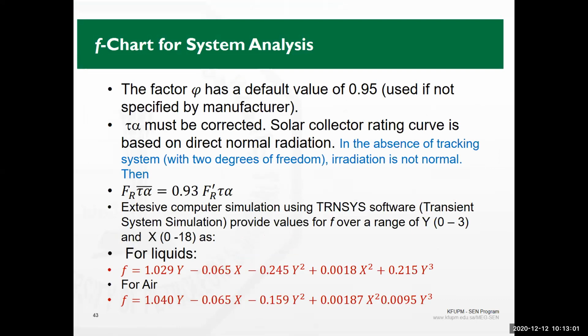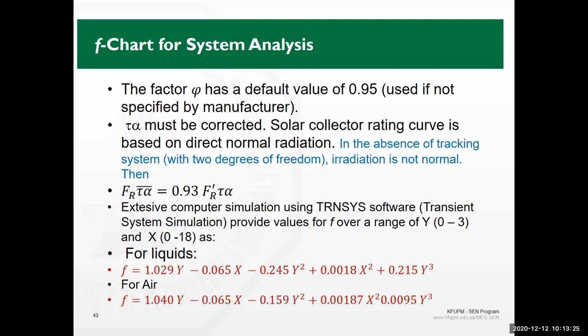On the other hand, tau times alpha, again, tau is the transmissivity of the glass, alpha is the absorptivity of the absorber plate, and they should be corrected. Why corrected? Because the solar energy is not falling normally on the surface of the collector all the time.